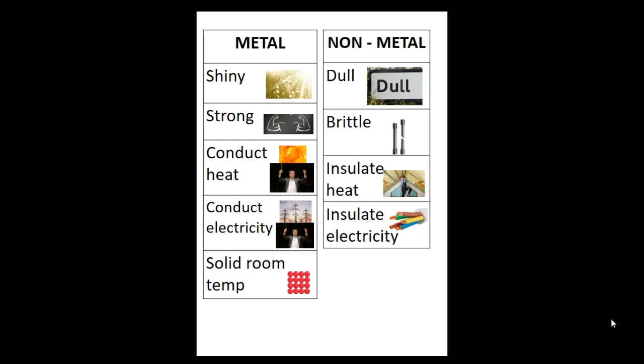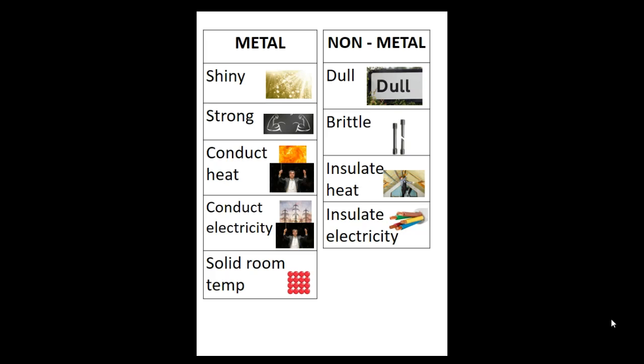They conduct heat, meaning that they let heat pass through them. They can also conduct electricity, meaning that charge can flow through these metals. And they are also solid at room temperature.